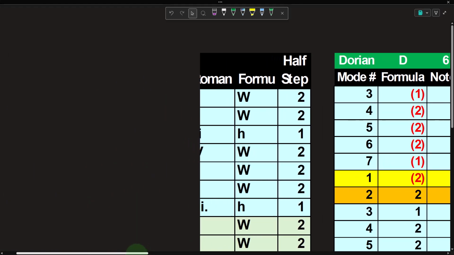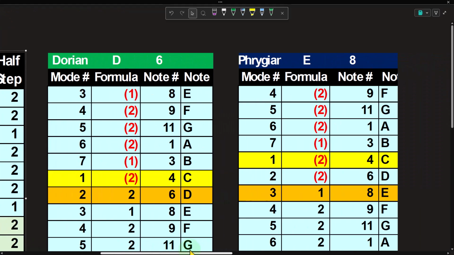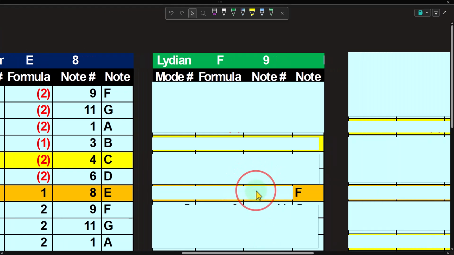So anyway, if we're on the Lydian here, we can go back to get to the Ionian. So let's go back on over. All right, so here is this one.